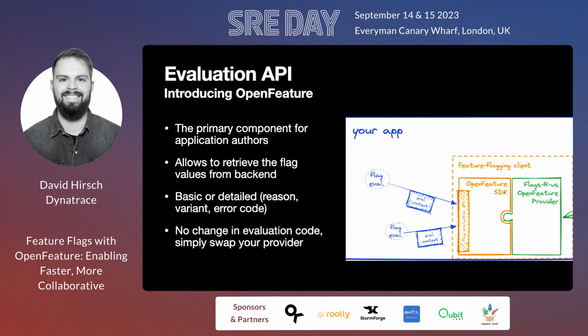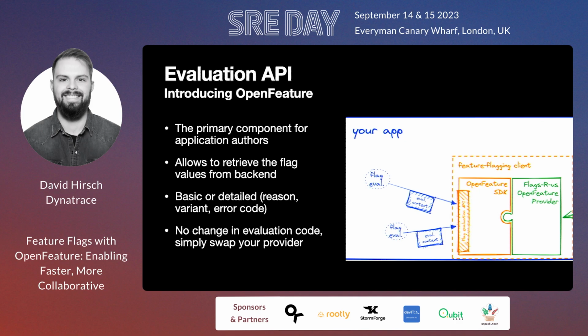If you have an application developer, this is what they will work with. So it's this little rectangle right there. And what does it do? It allows you to retrieve the flag values from your backend.